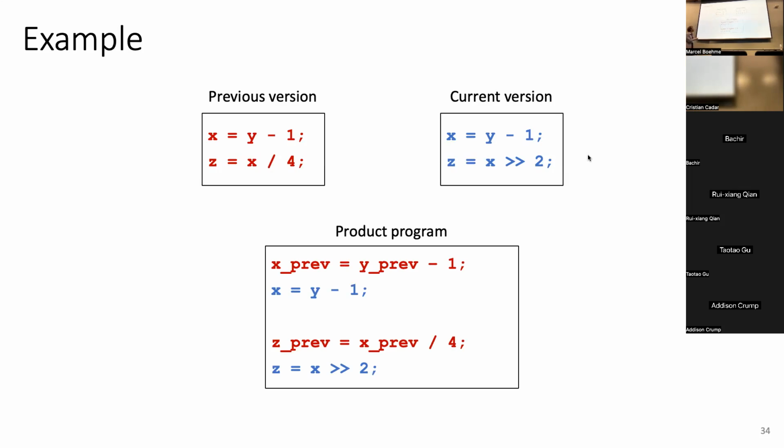The product program will be x_prev equals y_prev minus 1, x equals y minus 1, and then the second instruction as well. Then once we have this, we can write an assert like z_prev, for instance, which may or may not hold under the assumptions here. And you can use an off-the-shelf analyzer to reason about this.